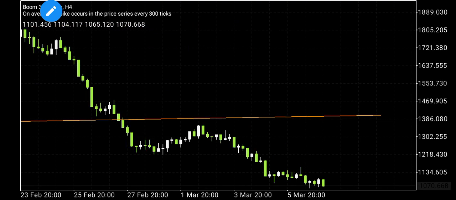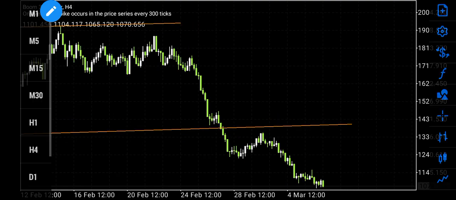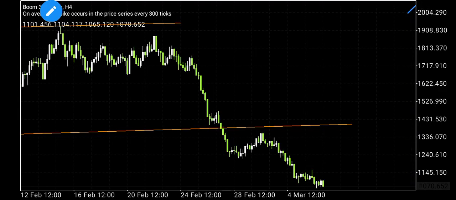Make sure you zoom in so that when you draw your trend lines, you can see them in a good way, like this. And I'm going to clone this trend line so it will be like this. So you see, now we had this bearish flag to the downside.